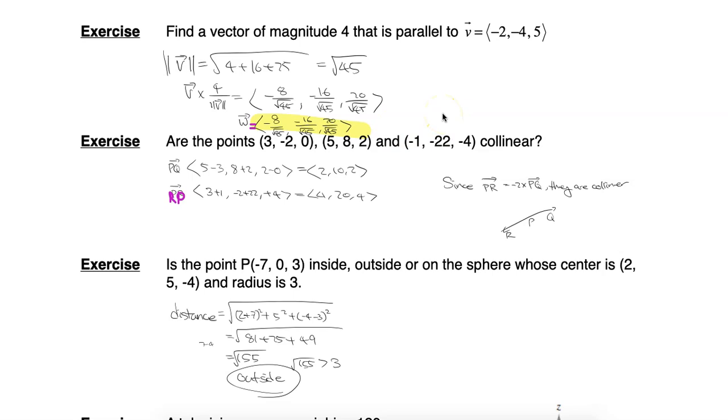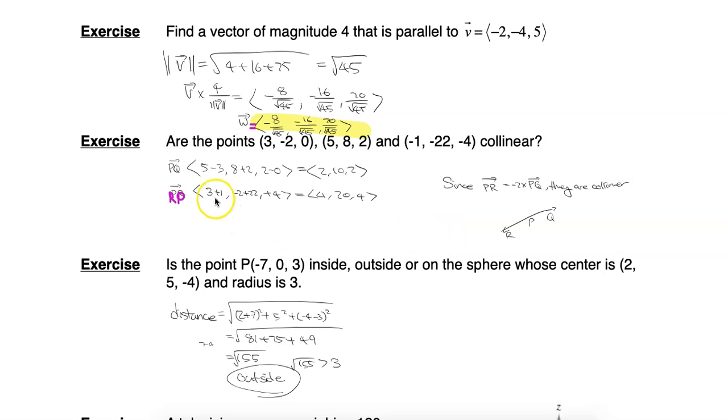If you have 3 points in space and you wonder if they are on the same line, we call this collinear. You have a lot of options, but one of them is just to pick 2 vectors. You can take PQ and PR, you can take RP and PQ, you can take QP and QR, and just check if they are parallel, so if the vectors are proportional to each other.